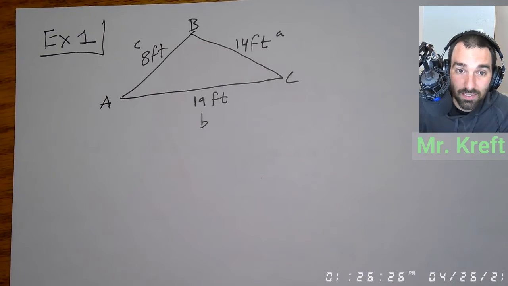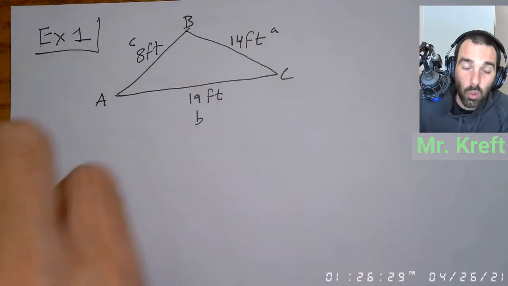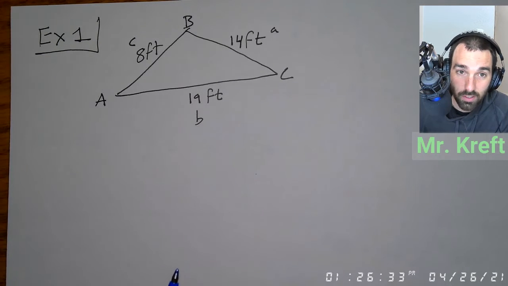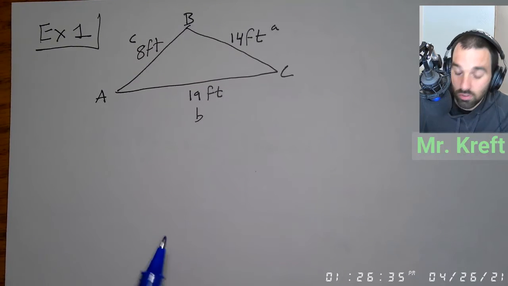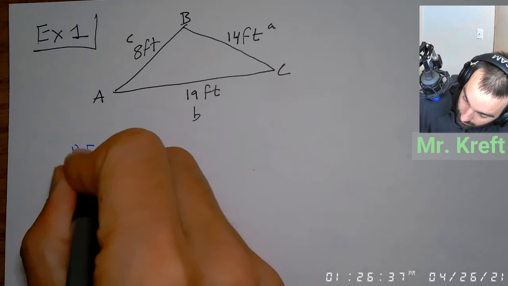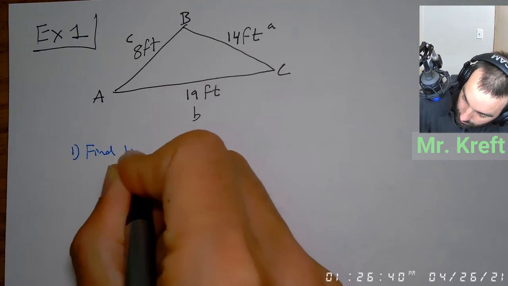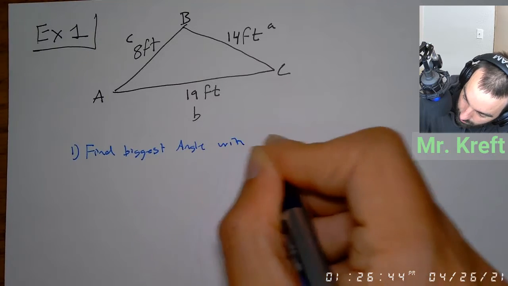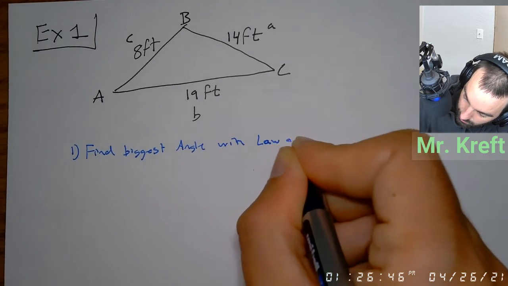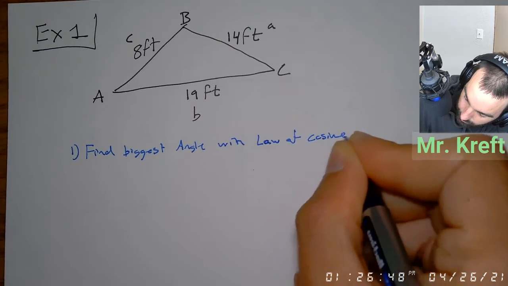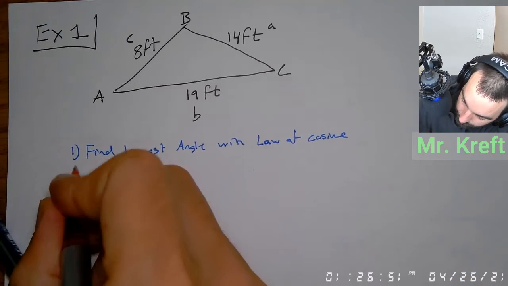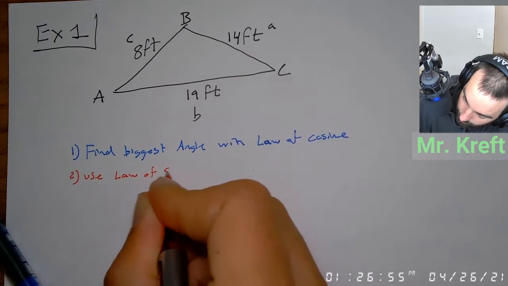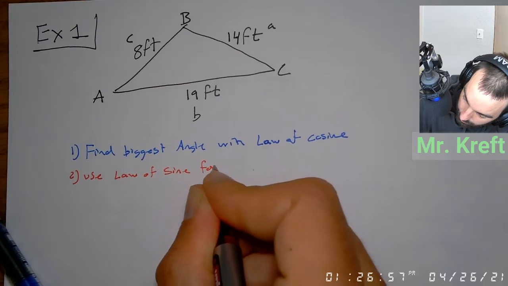So find the biggest angle first. Because the thing is, you don't want to do law of cosines 3 times. It just takes too long, and it's way too much work, okay? So what we're going to do is, one, find the biggest angle with law of cosines, and two, use law of sines for everything else.